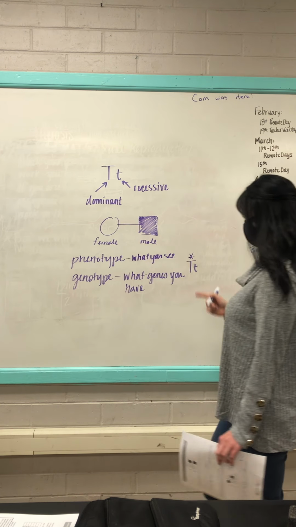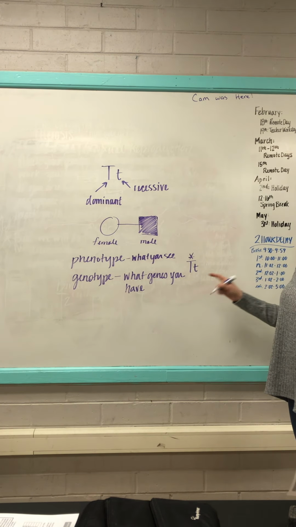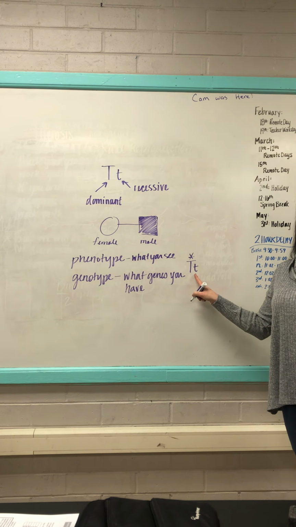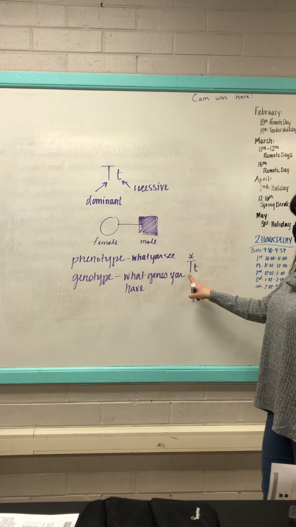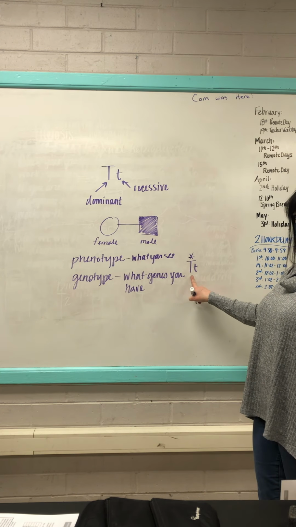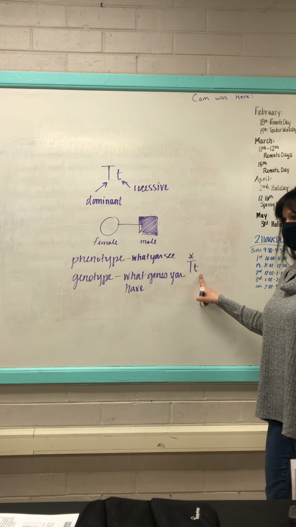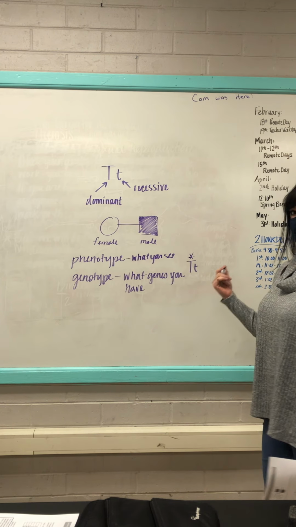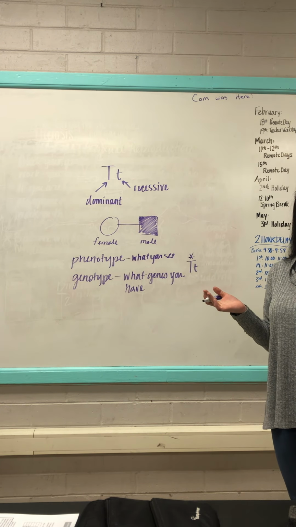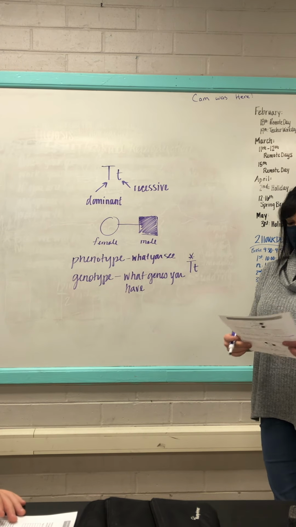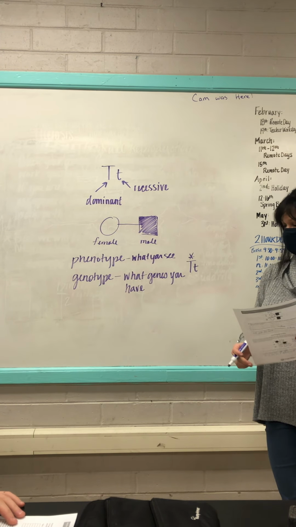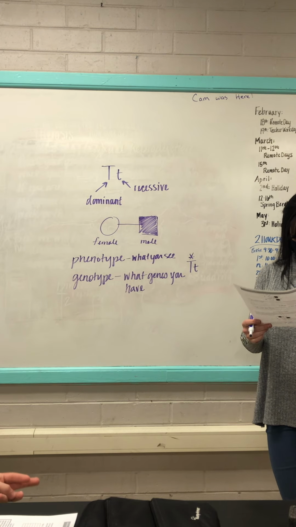If this was for dark hair, and they carry a recessive trait for red hair, the dominant is their dark hair. So the genotype is dark hair and a recessive trait for red hair. The phenotype would just be what do you see with them? What's dominant? The brown. Yeah, the dark hair. So I do want you to write what the genotype and phenotype is for number 17.